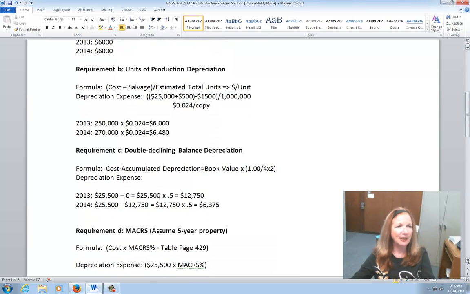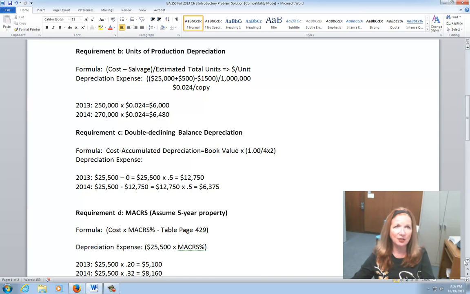For requirement B, we have units of production depreciation. The formula again is cost minus salvage, divided by the estimated total units to derive a cost per unit. So the depreciation expense is going to be 25,000 plus 500, cost plus delivery, minus 1,500, the product there, divided by 1 million. So you get 0.024 cents per copy.